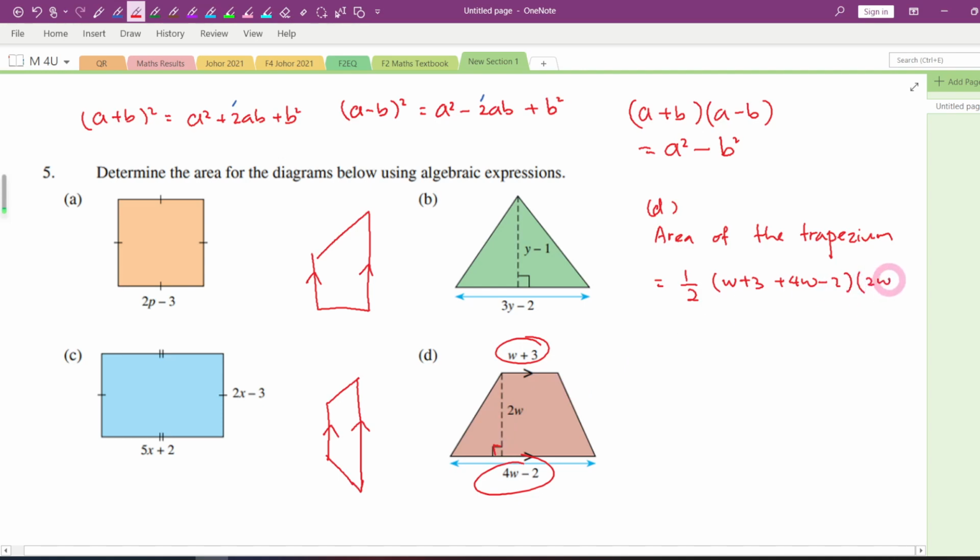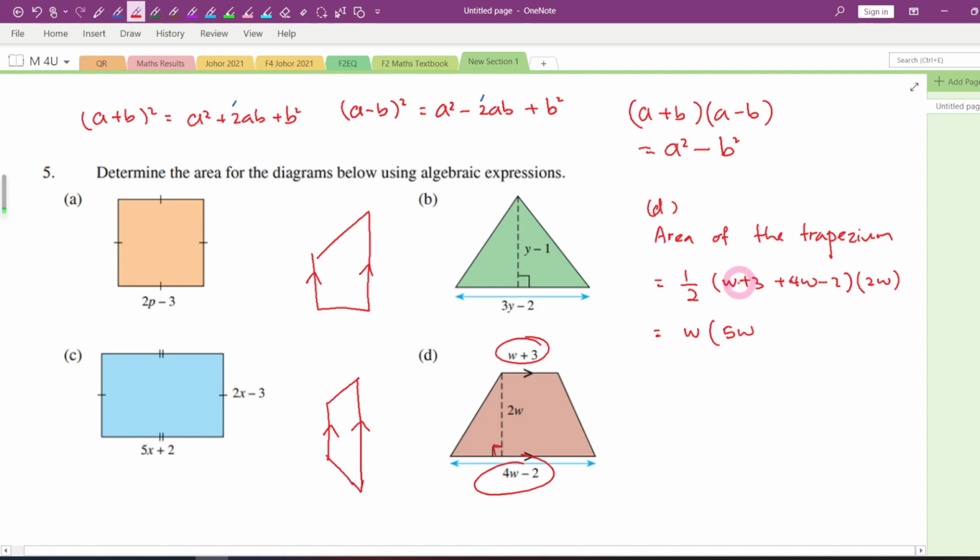So 2w. Okay, so I'm going to take this one times this one first. 1 over 2 times 2, you get 1, 1w. As I told you, you don't have to write 1w, you just write w. And then here, look for like terms. w plus 4w, 1w plus 4w, you will get 5w.